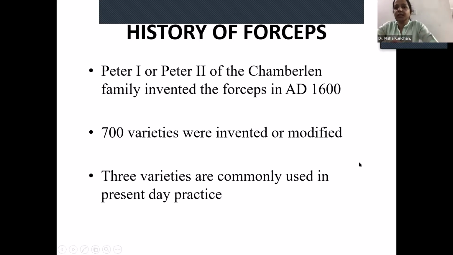The low forceps, which we rarely use now, was invented by an Indian. Yes, Das forceps. The Das forceps is the low variety of obstetric forceps introduced by Indians. There are many more. V.P. Paili from Kerala has come out with his own variety of forceps. Now, there are three varieties of forceps commonly used in present day practice.